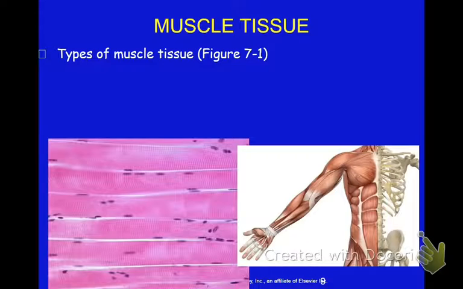It has striations and intercalated discs, that's cardiac muscle. If I say it's only found in the heart, you know it's cardiac. If I say it has no striations and it's under involuntary control, that's smooth.